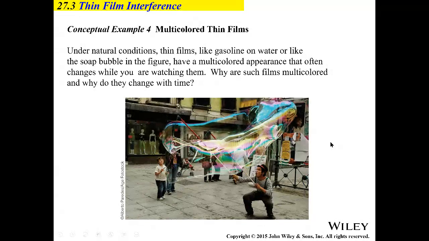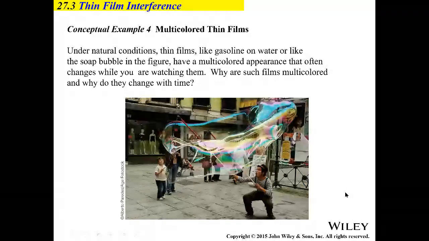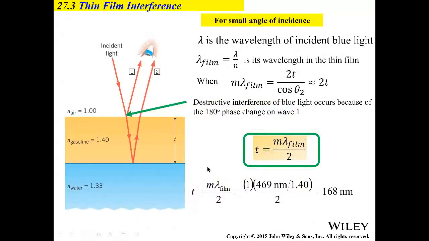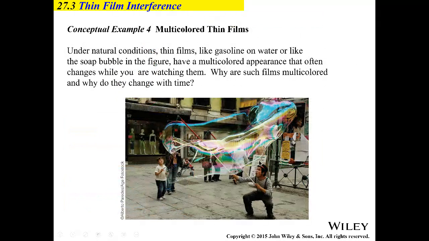Because in the real light, what we did earlier was very simple, only flat, absolutely flat, and then for small angles. This is real life, where the soap bubble, in fact, is not exactly spherical. It is whatever funny shape it is.